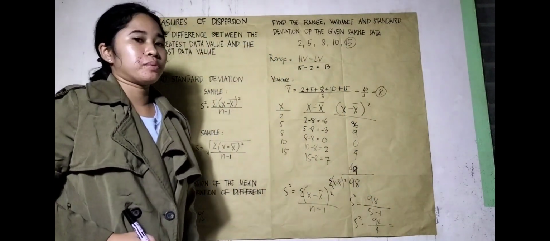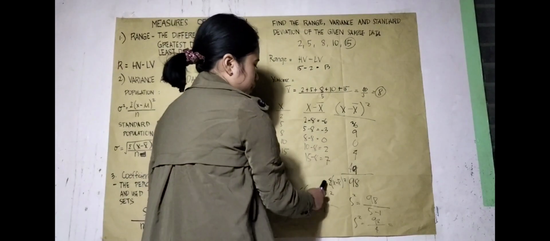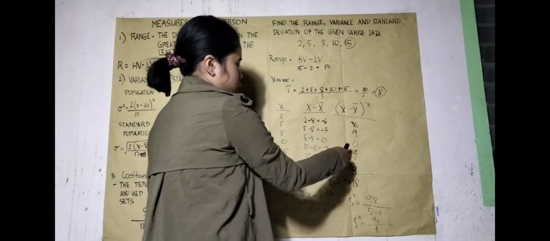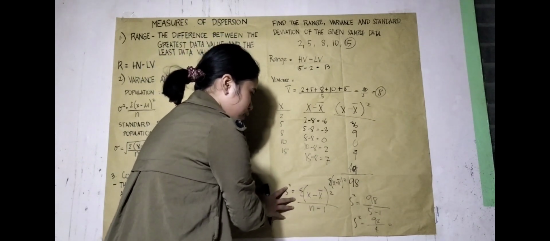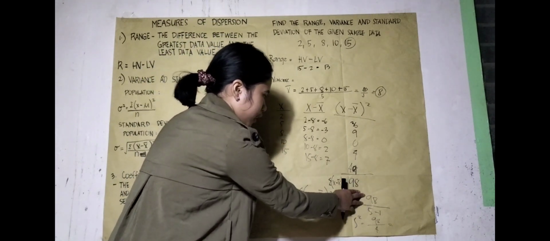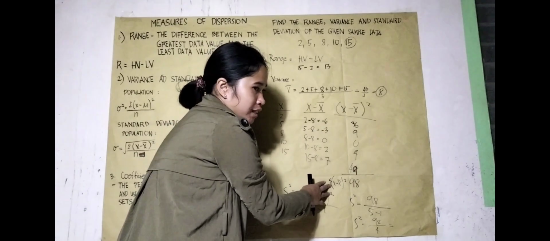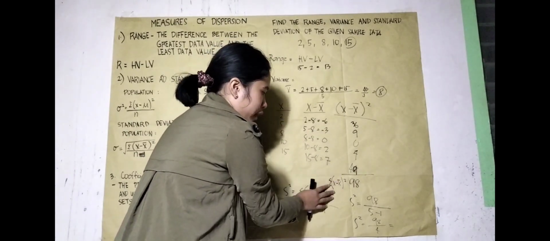We substitute the summation of x minus x bar squared, which is 98.